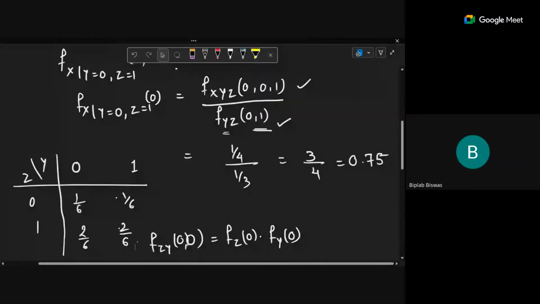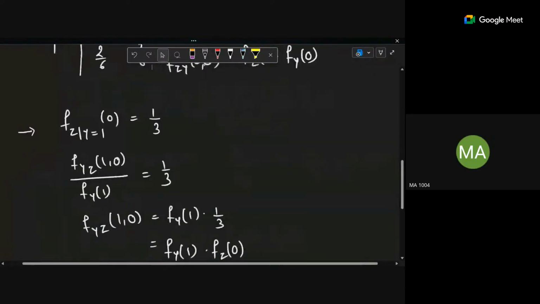Ma'am, how was the denominator calculated? How was denominator 1 by 3 calculated?